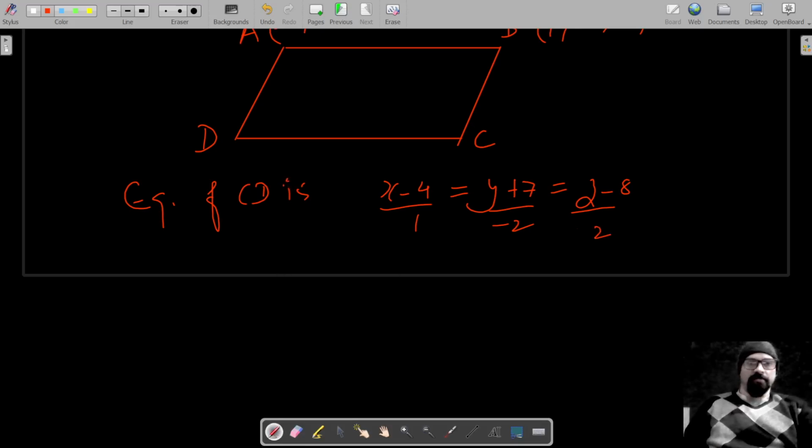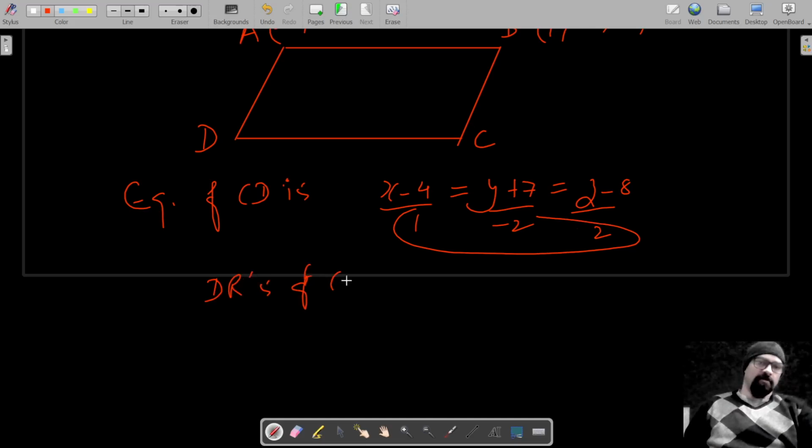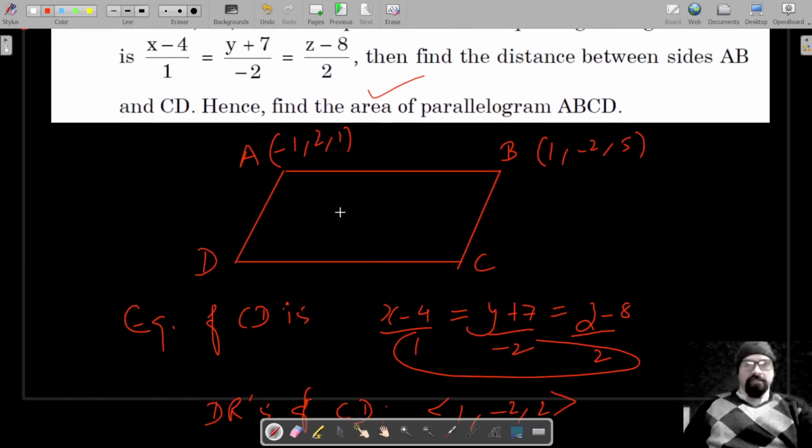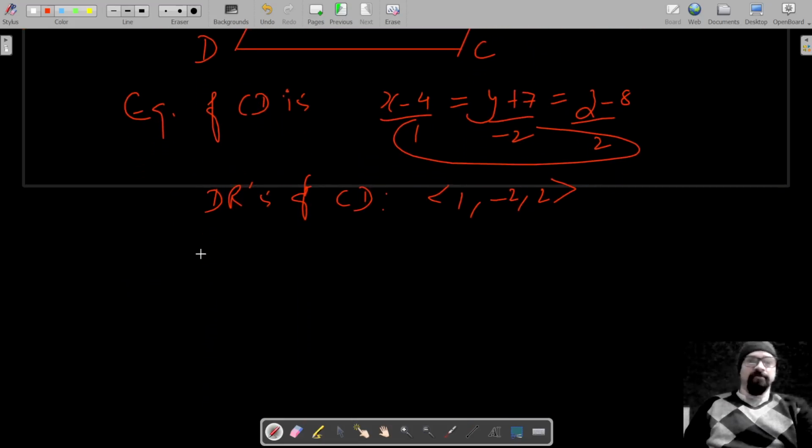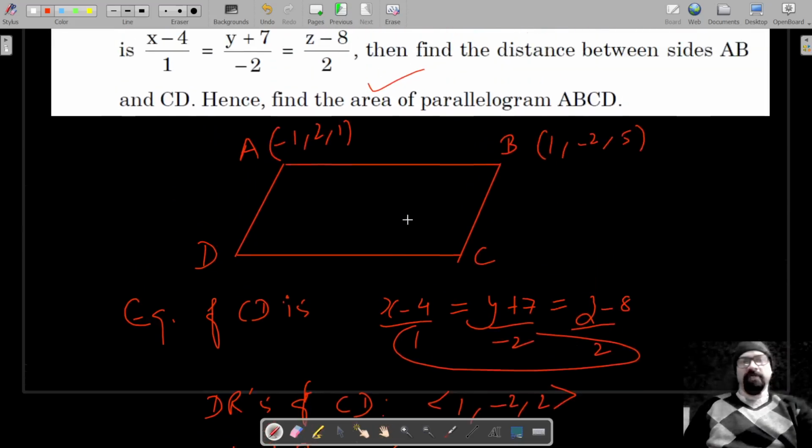Okay, so equation of CD is given and we know that these are the direction ratios of CD, which are 1, negative 2, and 2. And AB is parallel to CD, so we can also get the direction ratios of AB. These are parallel, so the direction ratios will be the same.